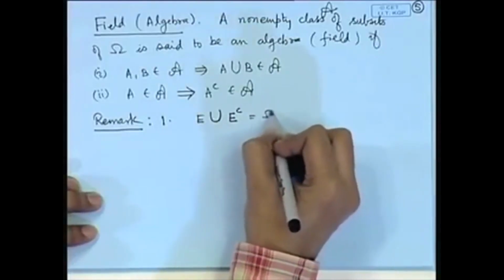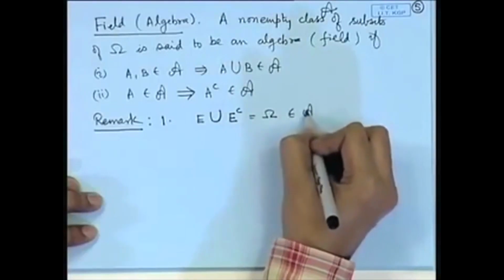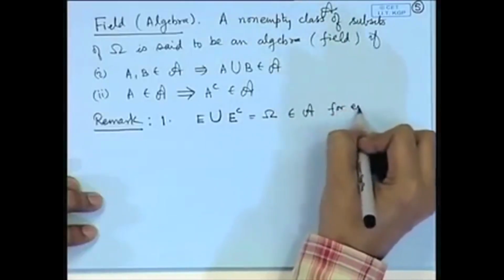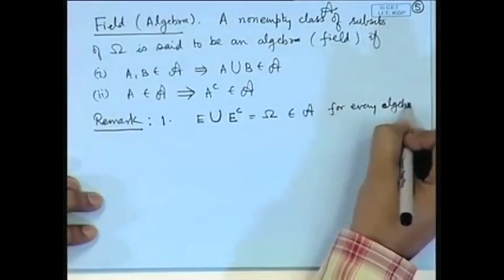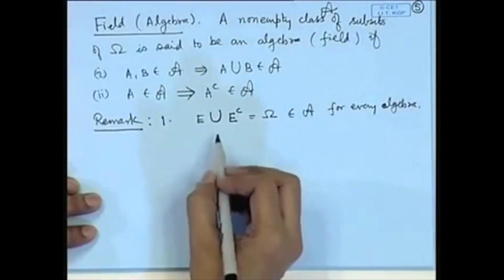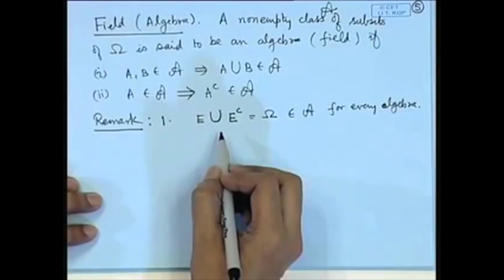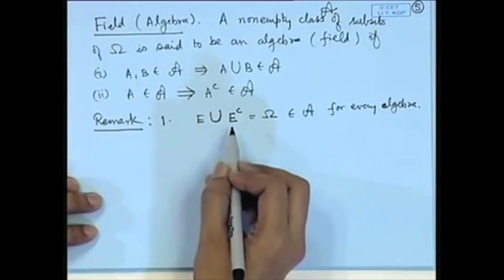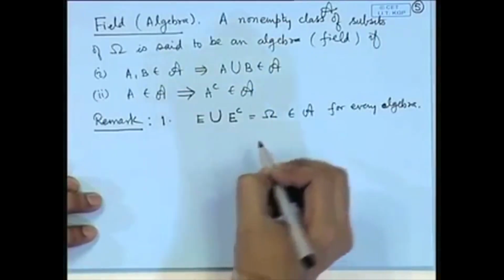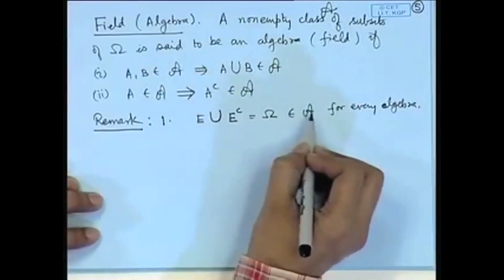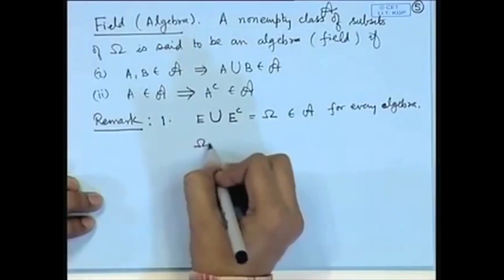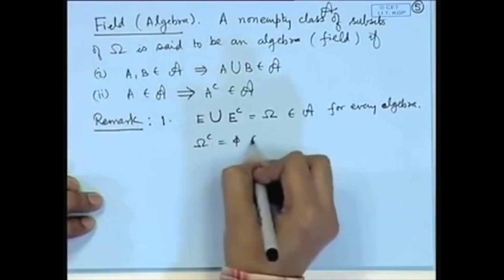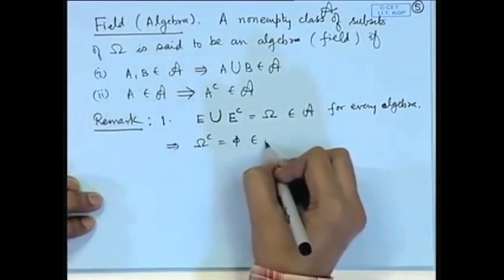Now, this is the full set, that means this will belong to the algebra. So, you have seen that a ring always contained the empty set. Now, the full set is always included in an algebra, and if you take omega complement, that is equal to phi, then this will also belong to an algebra.